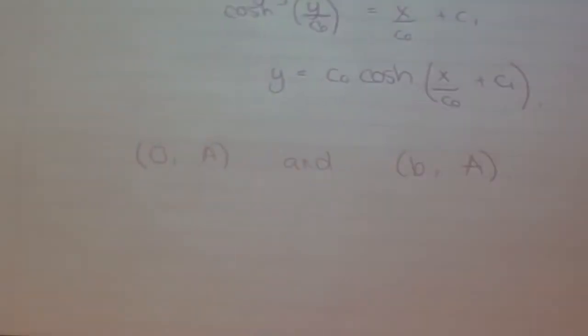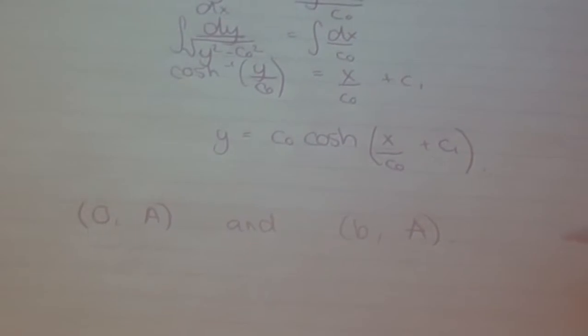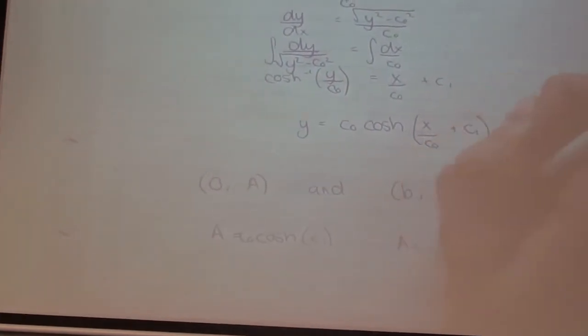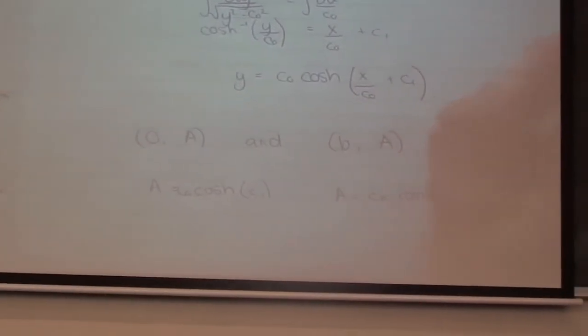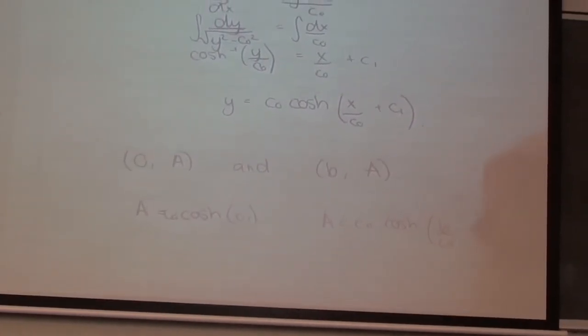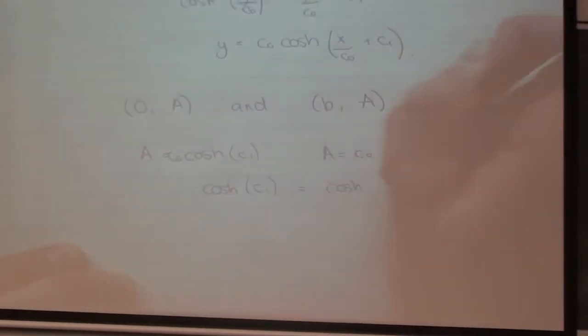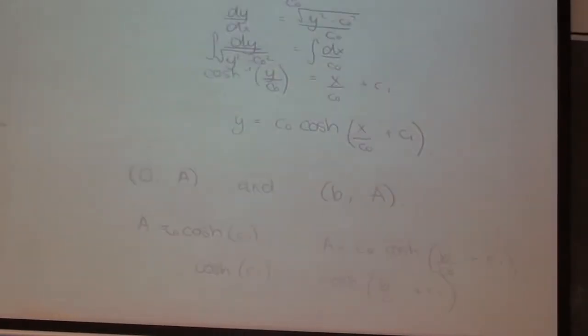So if we plug this into the equation, we get a equals cosh C1, and a equals cosh, right. So cosh C1 equals cosh(b/C0 + C1).